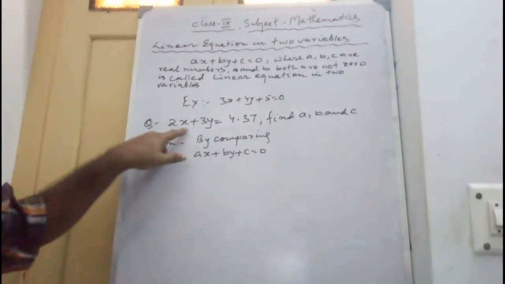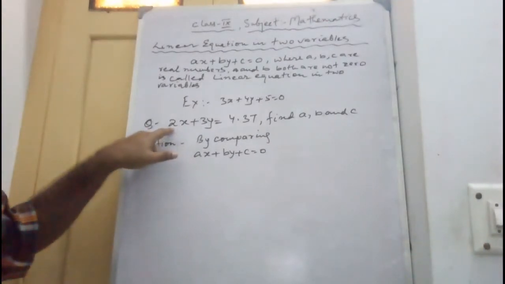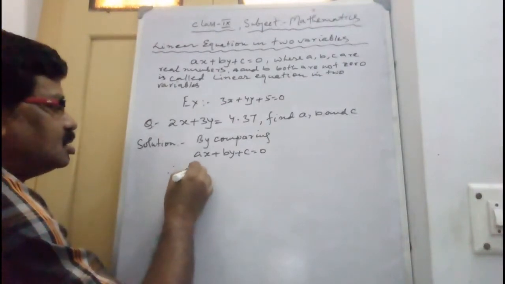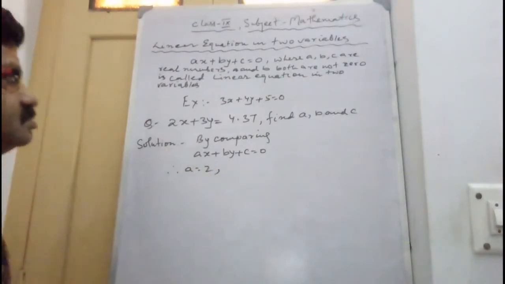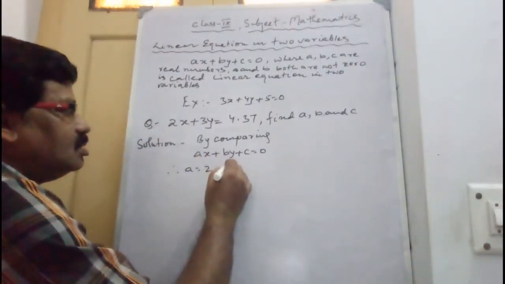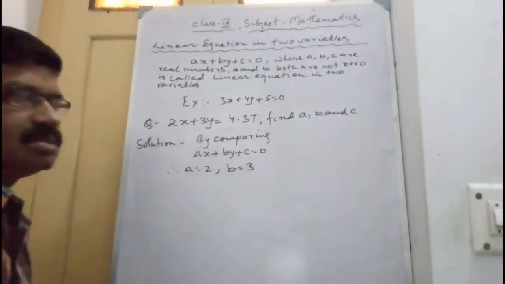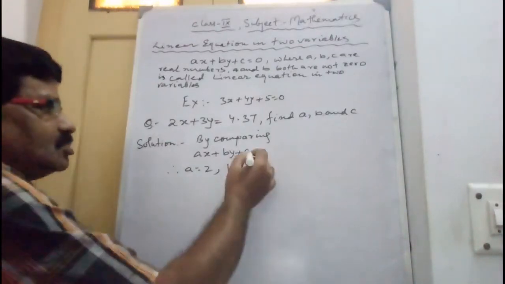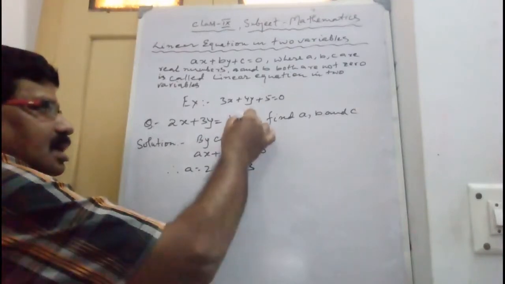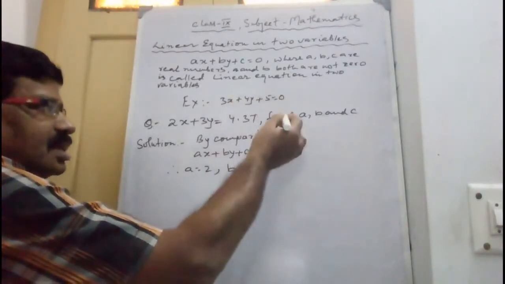Now see, with this variable what coefficient is present? 2. So a equal to 2. Now compare these two. b equal to 3 and c is on left hand side and 4.37 on right hand side.